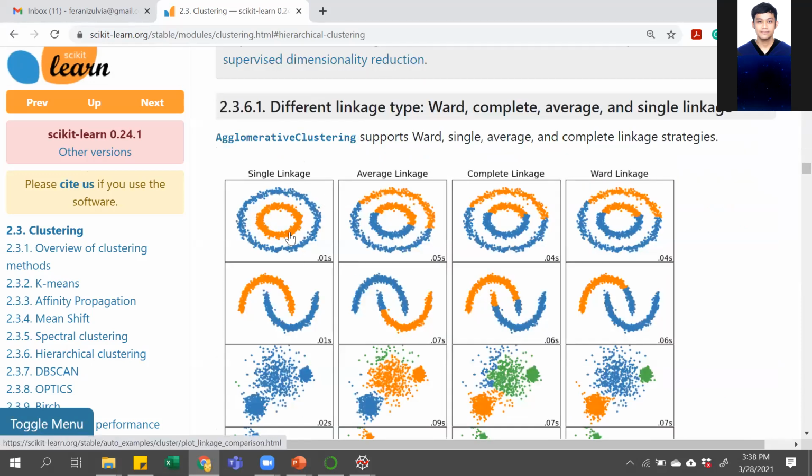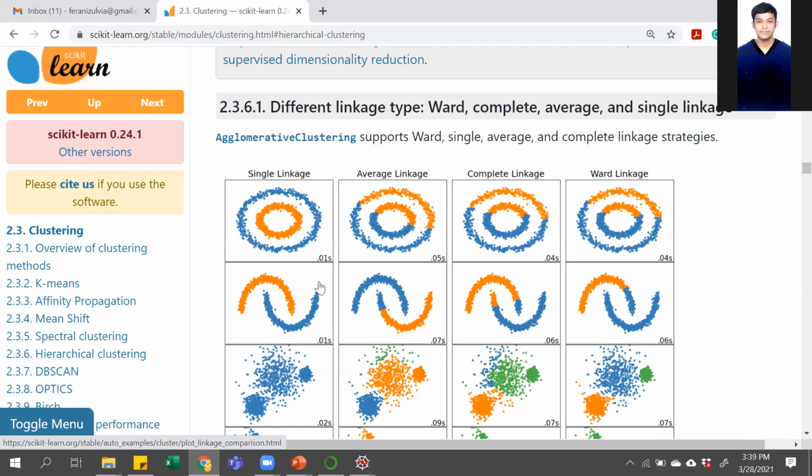For example, the first data set, if we use single linkage, the minimum one, the results of these three, average, complete, and Ward linkage, are relatively similar. So for this type of problem, it is better to use single linkage.